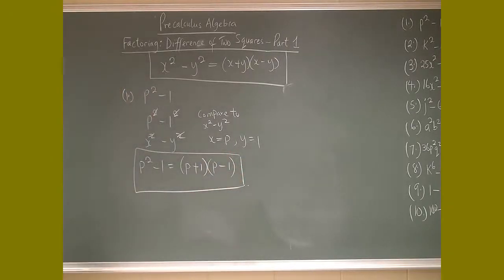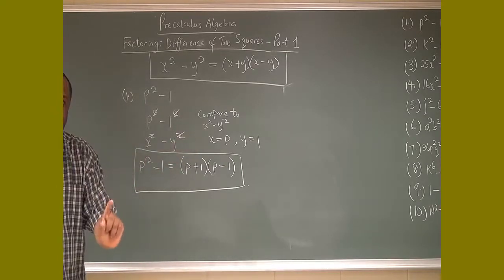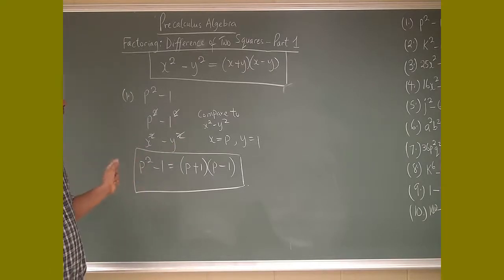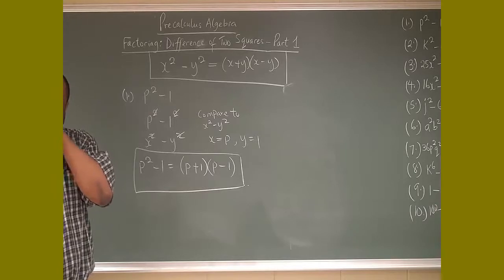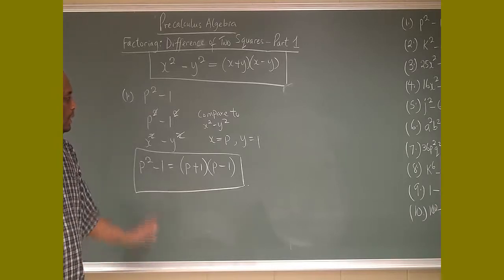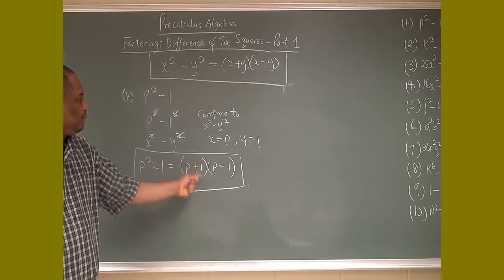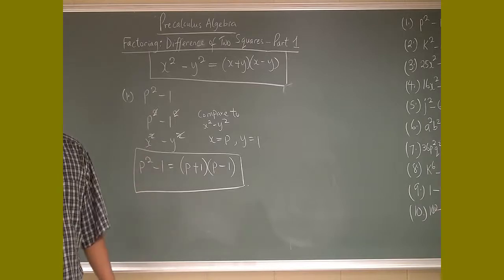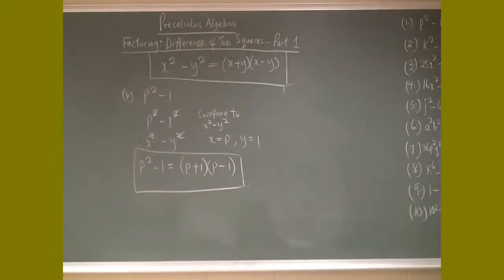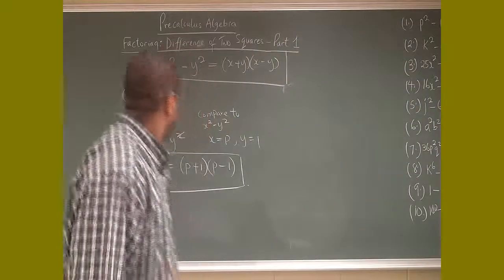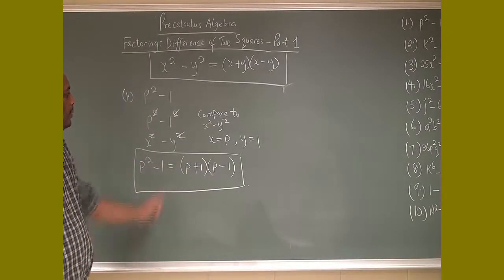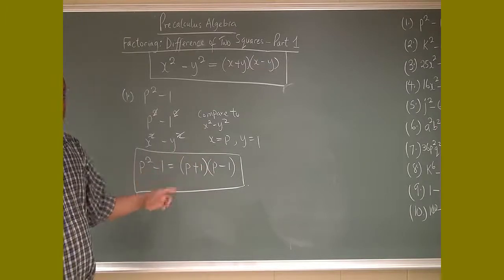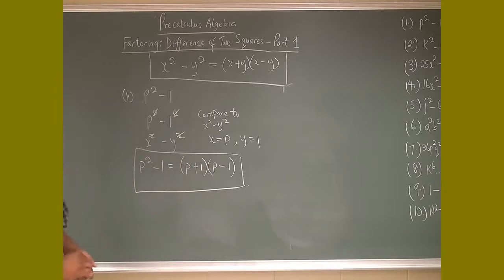Our x is the p, and our y is the 1. So p squared minus 1 is p plus 1 times p minus 1. That is it.